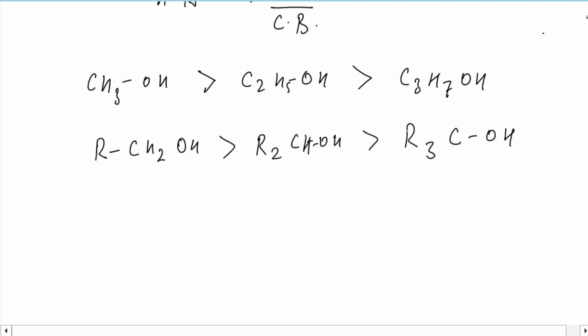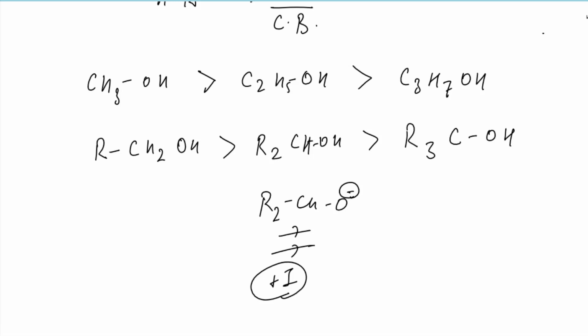What will happen here is, for example, R2CHO negative. So it's already a negative charge. If we apply electron releasing groups to it, plus I means electron releasing, they will increase the electron density on oxygen.